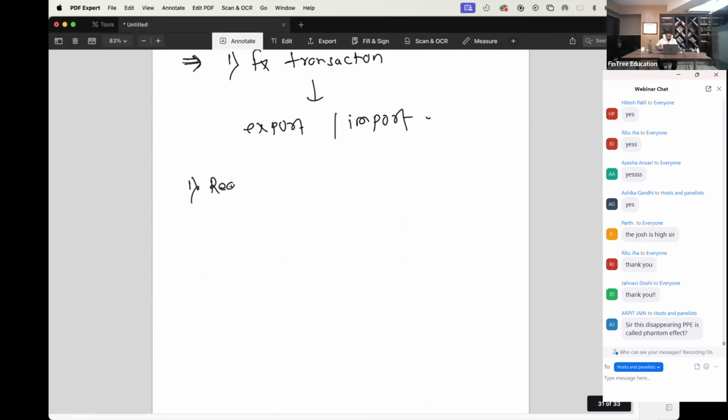Very simple. Record sales or cost at transaction day FX rate. Whatever is the foreign currency rate on the date of transaction, record.